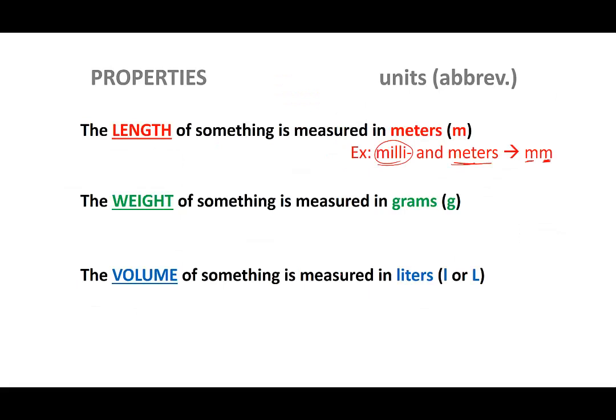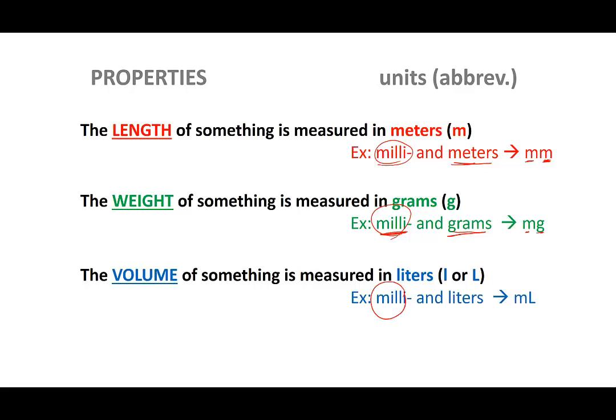So, moving on to the next one. Once again, I can use a prefix, milli, the same prefix as above, and I can combine that now with the unit grams, and I get milligrams. For liters, once again, I use the prefix milli, and I combine it with liters, and here I have milliliters.